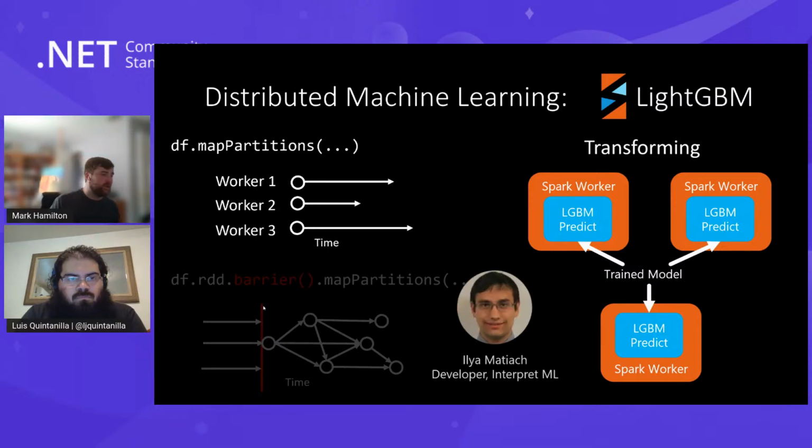And so I'd like to call out the developer Ilya Matyach, who figured out this very delicate dance of transitioning control over to LightGBM and using LightGBM's distributed computing framework to actually fit the model and then transferring it back to Spark. He's been with us about 5-6 years, total genius and the sweetest guy ever.